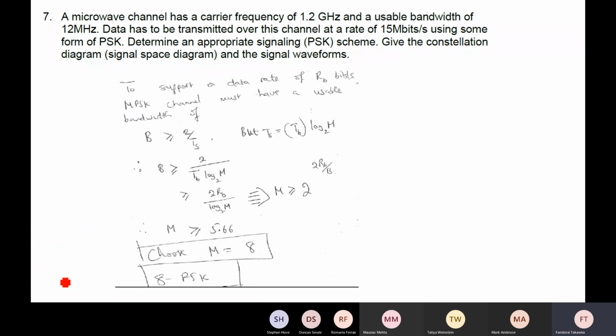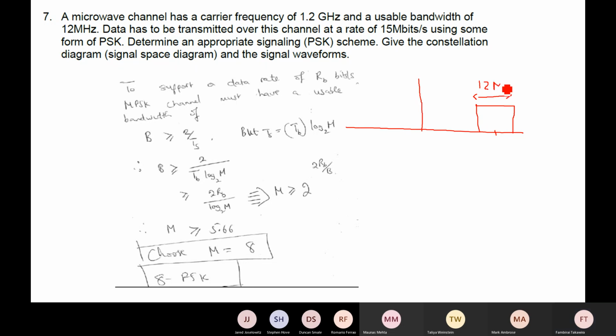which says that we have a microwave channel at a carrier frequency of 1.2 gig and a bandwidth of 12 megahertz. So it means that in the frequency domain, if we were to draw the spectra, it's centered at 1.2 gig and it has essentially a bandwidth, let's just draw it rectangular as an ideal bandwidth of 12 megahertz.